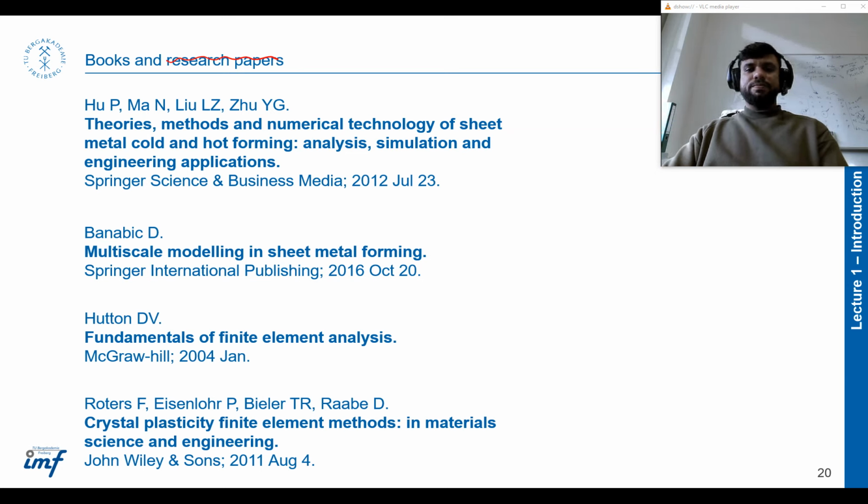The ones from the priority list, from top to bottom, are: Theories, Methods, and Numerical Technology of Sheet Metal Cold and Hot Forming: Analysis, Simulation, and Engineering Applications. Then we also want to look at Multi-scale Modeling in Sheet Metal Forming, Crystal Plasticity Finite Element Simulations, and then Fundamentals of Finite Element Analysis. And you will see that most of these books are post 2010.